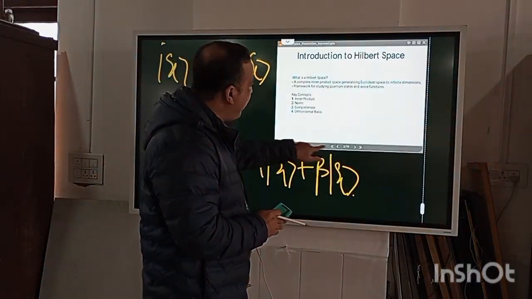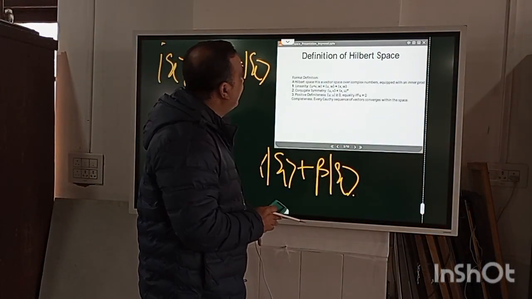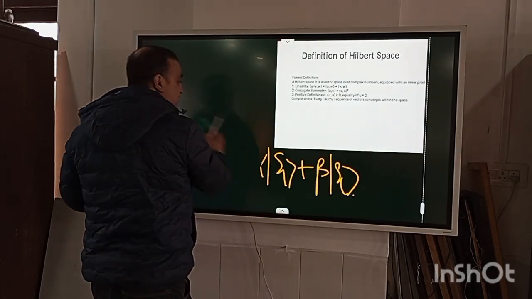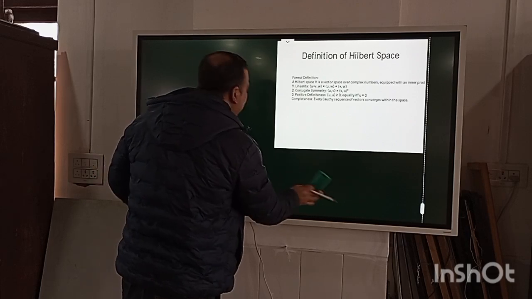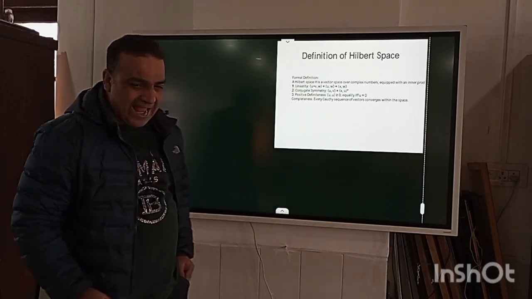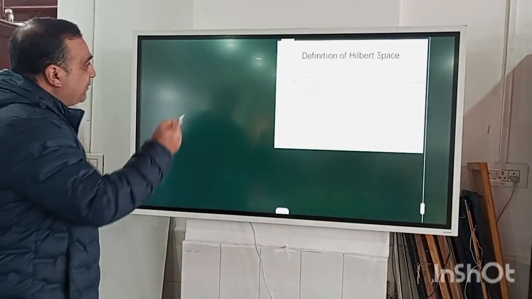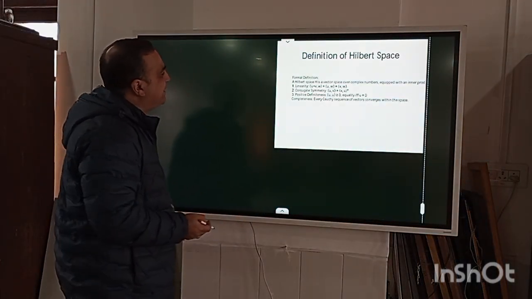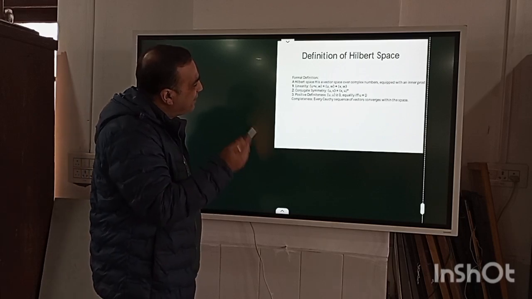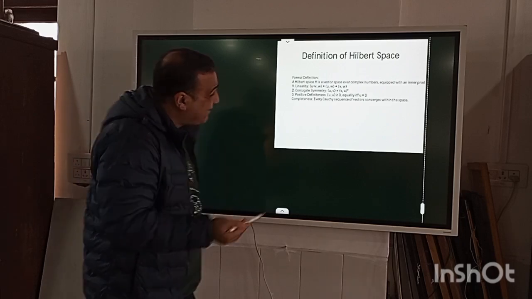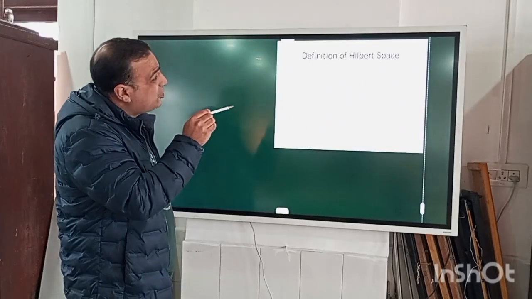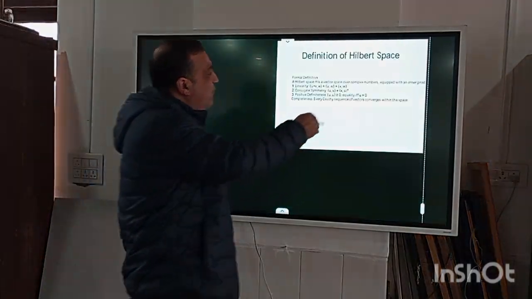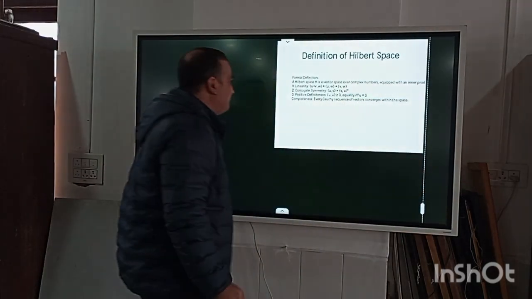Now, moving on from here, we have been talking about this Hilbert space and trying to take different routes to understand it. Another way to define this Hilbert space: if I assume it as H, it's a vector space over complex numbers, equipped with an inner product.